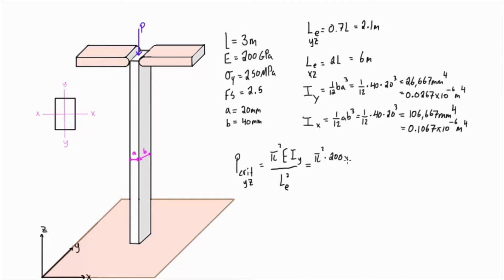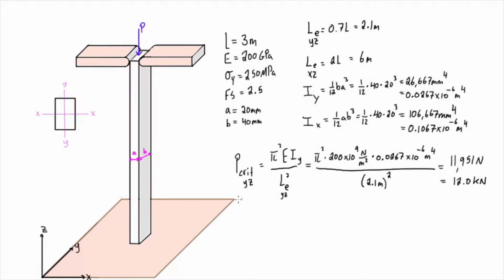When we plug all that in, we get it to be equal to 12 kilonewtons. And now we want to check for buckling in the XZ plane. So let's bring this down here, and we'll add in our subscripts. We're looking for P critical in the XZ plane, which means we're dealing with the moment of inertia about the x-axis, and again, this is the effective length for the XZ plane.